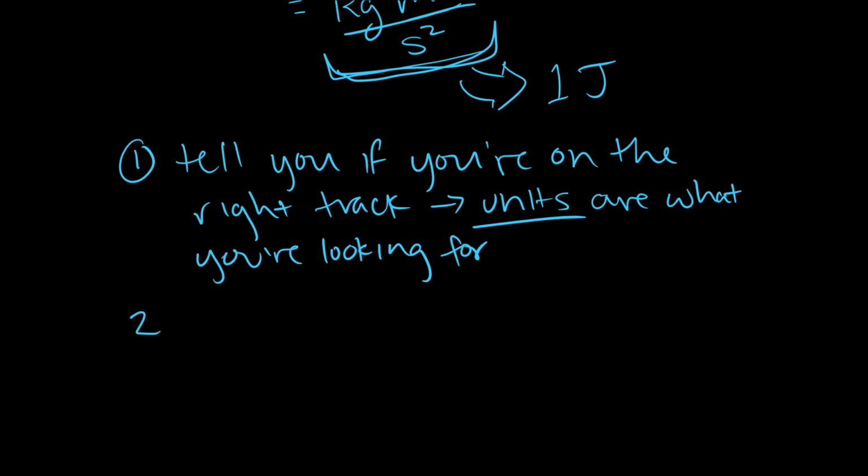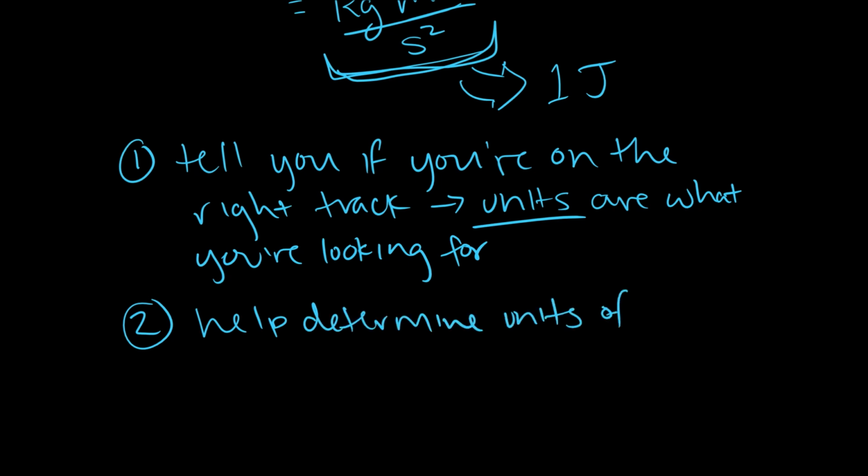Two, it can help determine the units of a quantity. For example, in that second example, we didn't know what the units of energy were, but we were able to determine from the equation that they were kilogram meters squared per second squared.